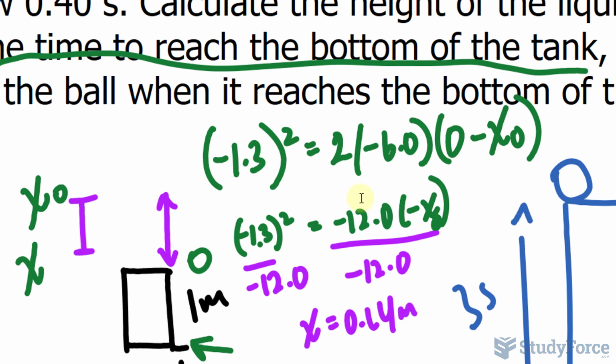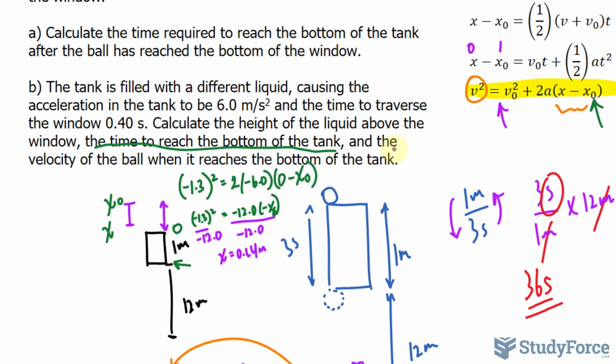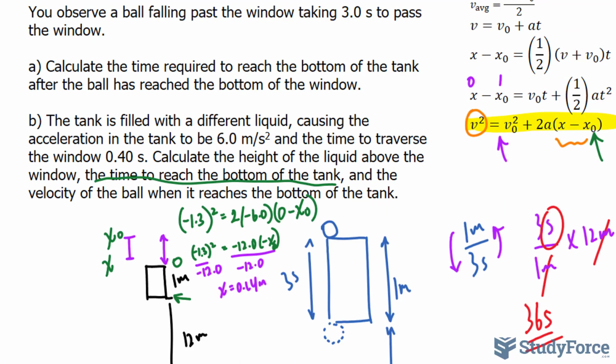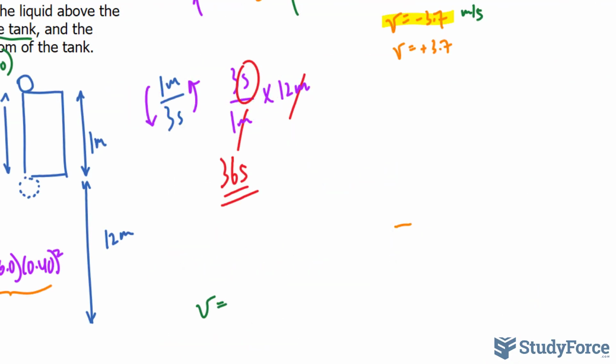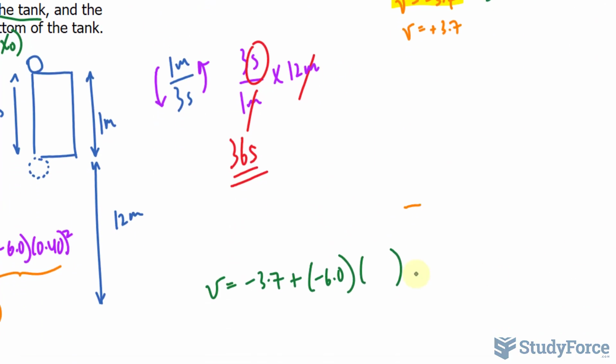That's 140 centimeters. And to answer the last question, where we want to find the velocity when the ball strikes the bottom of the tank, I will use this formula, and we're looking for v. So v is equal to the velocity at this point, which we had found to be -3.7, plus the acceleration of -6.0, and the time 1.47.